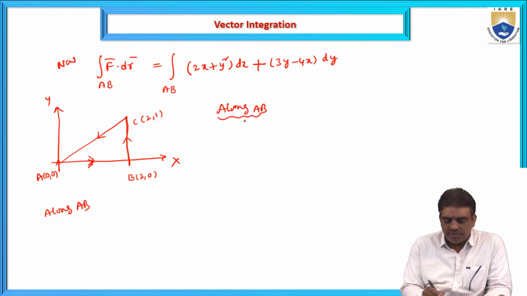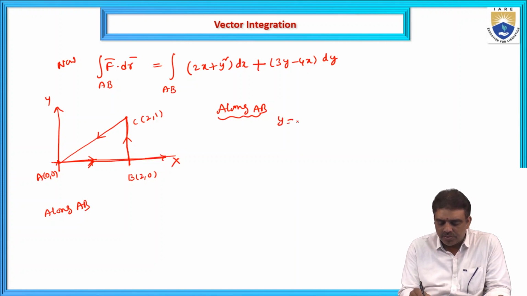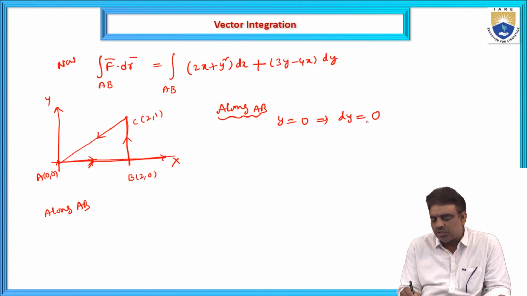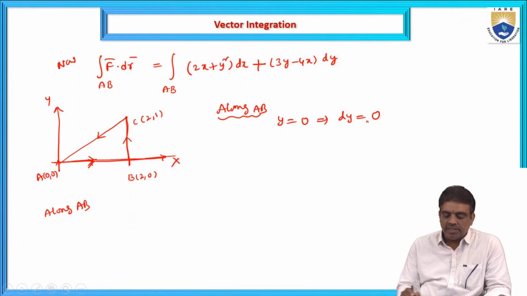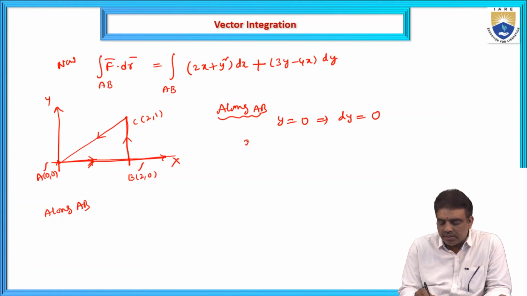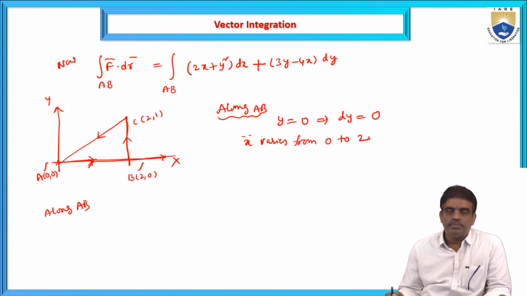What is the equation of AB? The equation of AB, the x-axis, is y equal to 0. Then dy is also 0. Y is 0, dy is 0. But here x is a variable. x varies from 0 to 2.